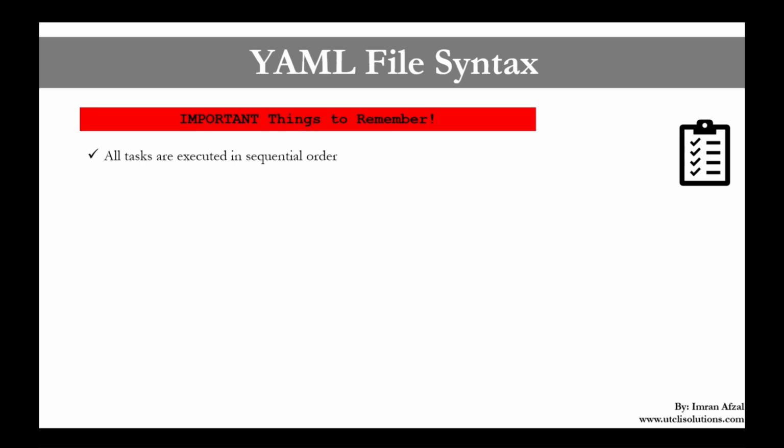First thing is all tasks in YAML are executed in sequential order. If you want a task to be executed first, it has to be written first. Each task is processed one at a time. Just like bash shell scripting, if you are familiar, it goes through the first task and then the second and third and so forth.